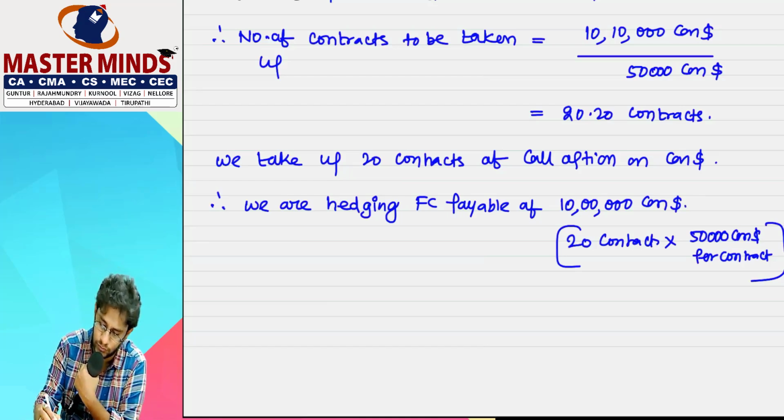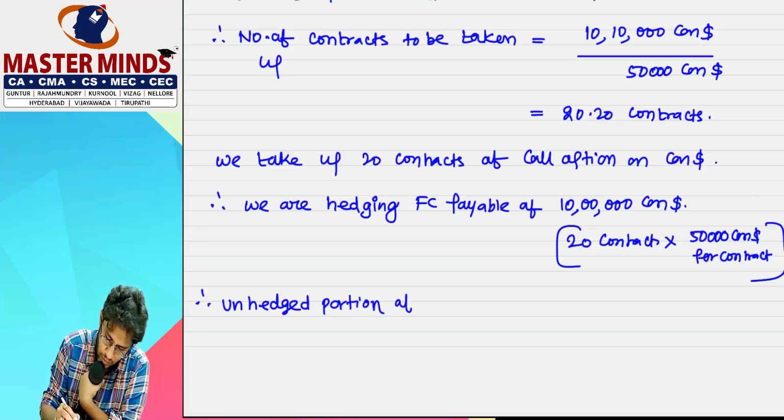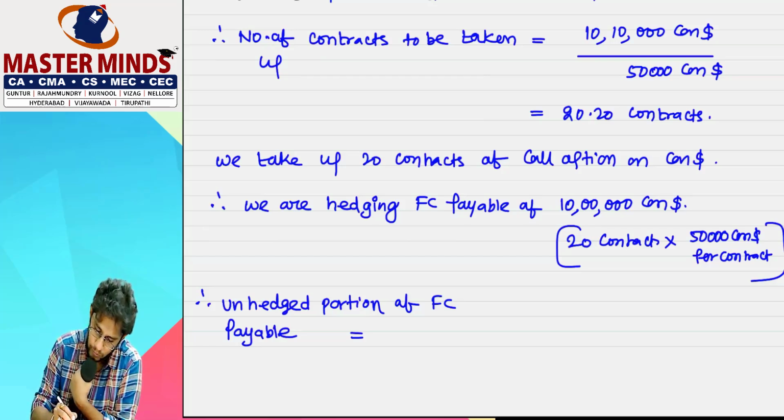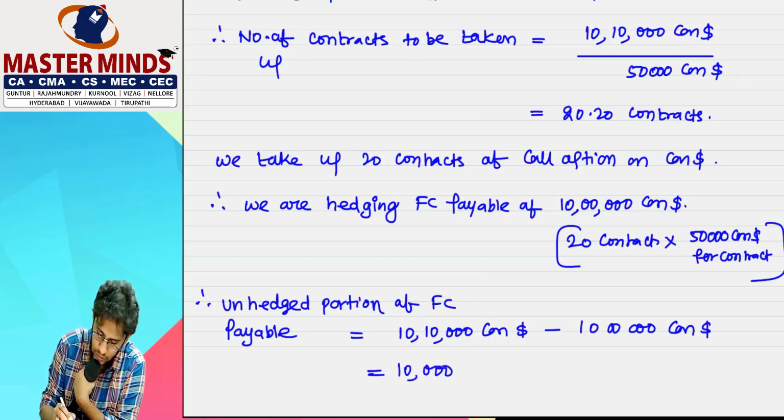This is not possible, simple. So then what to do? Continue, sir. Unhedged portion of FC payable is equal to 10 lakh 10,000 CAN dollar minus 10 lakhs CAN dollar, 10,000 CAN dollar.